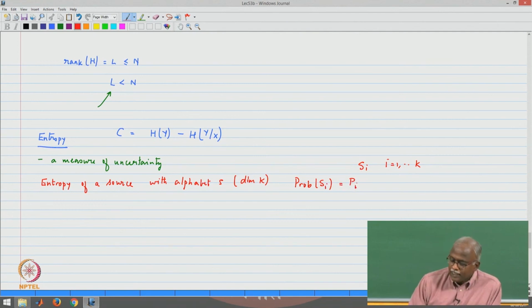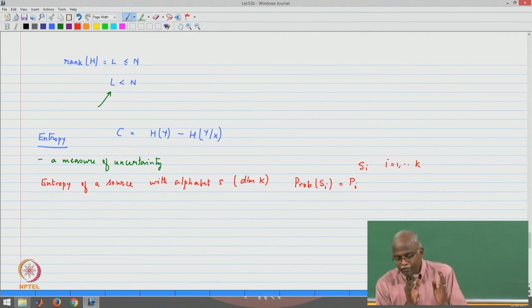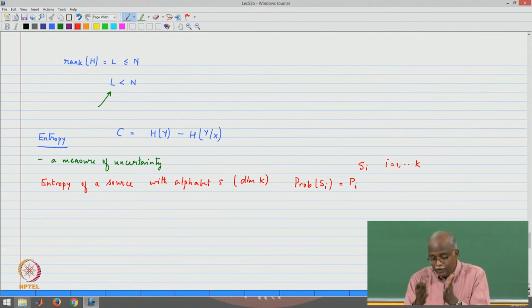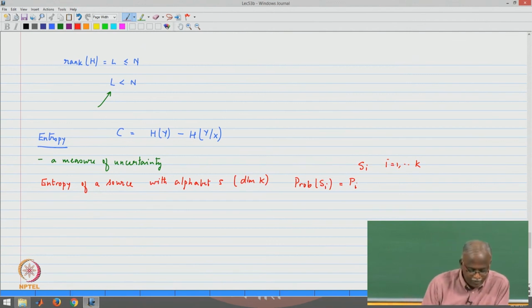Okay. Then under such an assumption, we have a source with alphabet S, there are k such values that S can take, and the probability of each of those k values is known and is given by P subscript i.